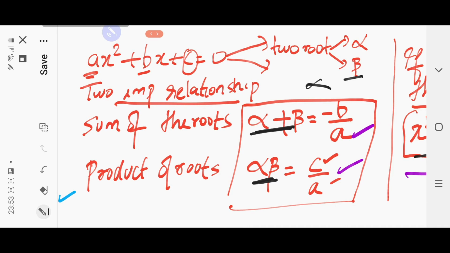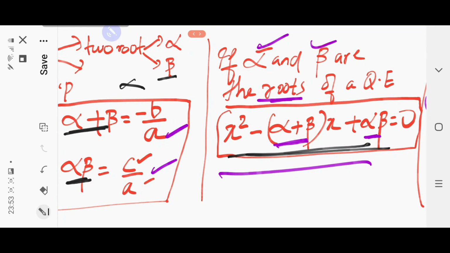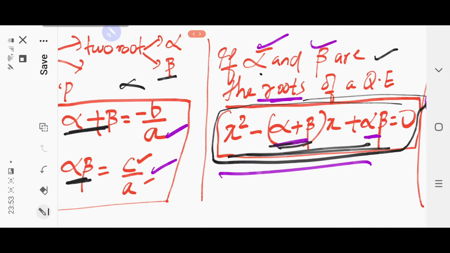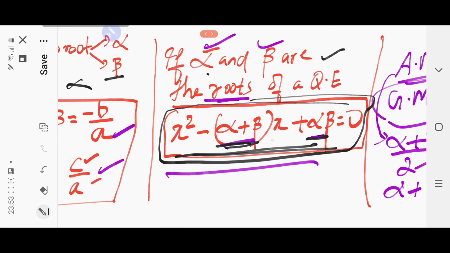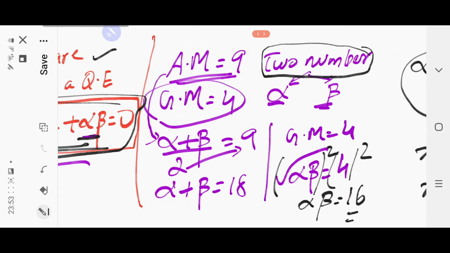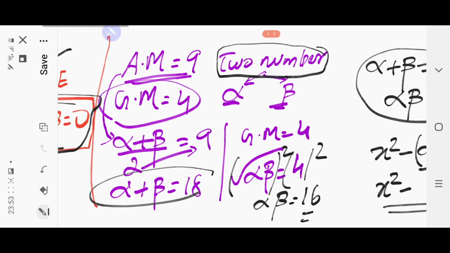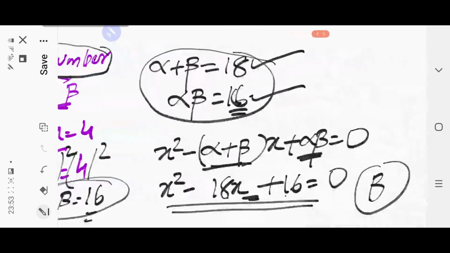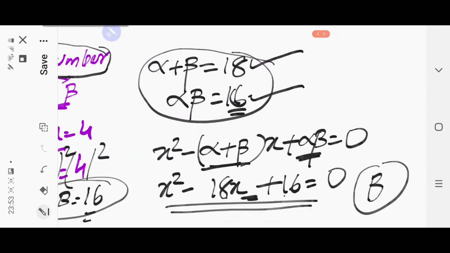If alpha and beta are the roots, the quadratic equation will be of the form x square minus (sum) x plus product, that is, x square minus (alpha plus beta) x plus alpha beta. By doing this you get two values: alpha plus beta is 18 and alpha beta is 16. Substitute in that equation and you get the quadratic equation. Therefore, B is the answer. Thank you.